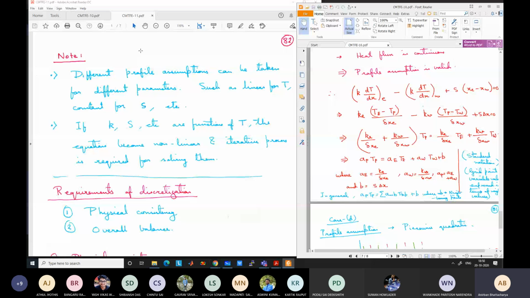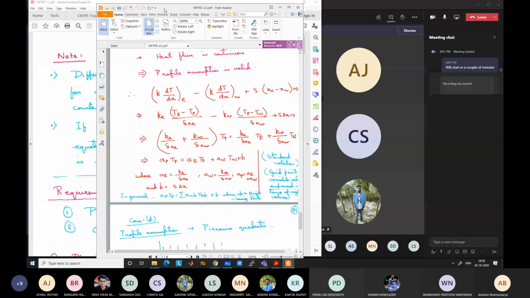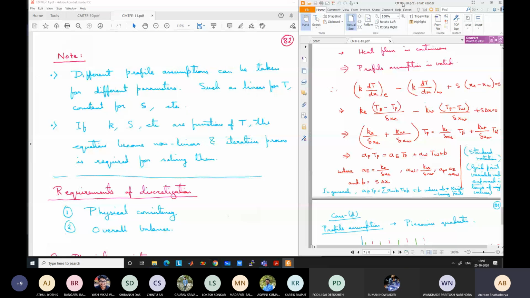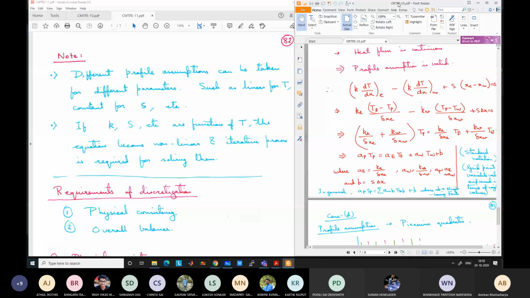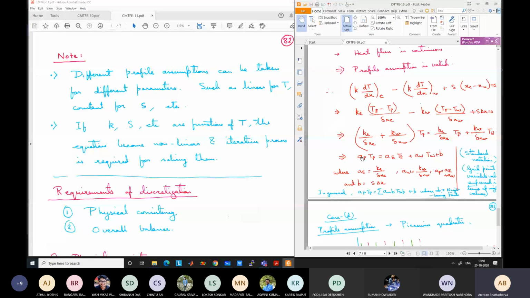So if the coefficients become functions of T, you have to use some iterative method. For example, you know the previous iteration value. Using that, you can calculate the coefficients based on the previous iteration value of T, say T old. Once you know the coefficients, you calculate new values of T by solving all the equations together.